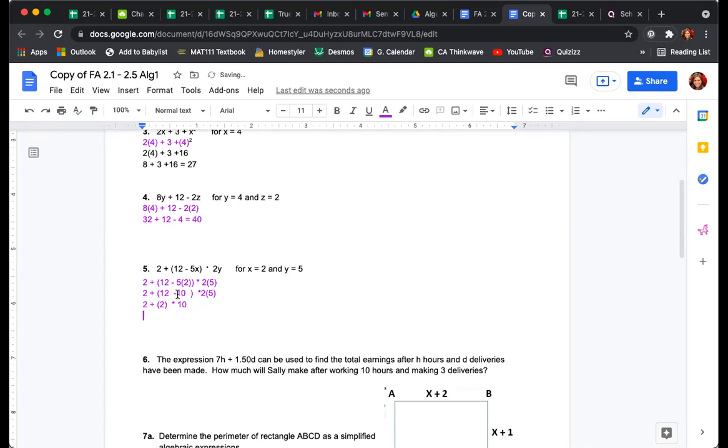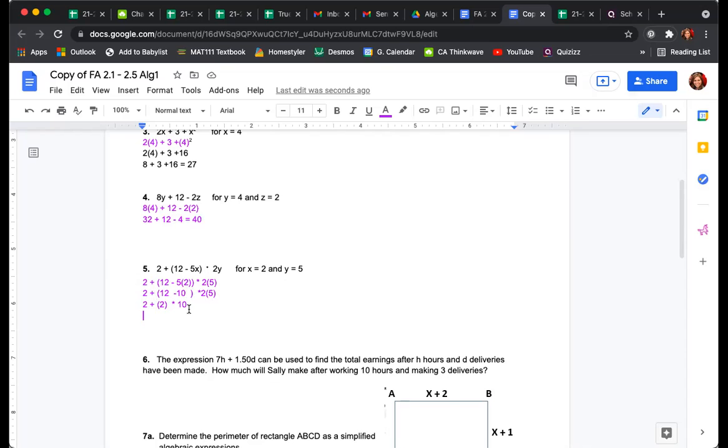Now here's where another mistake was made. So the first big mistake on this problem was right here. A lot of people did 12 minus 5, then times 2. That's incorrect. So we have shown correctly how to do that in this step. The next major error that I saw a lot of people making was right here. They would do 2 plus 2 first, then times 10.